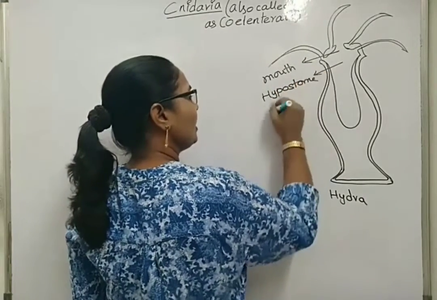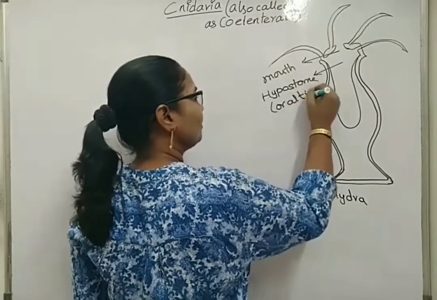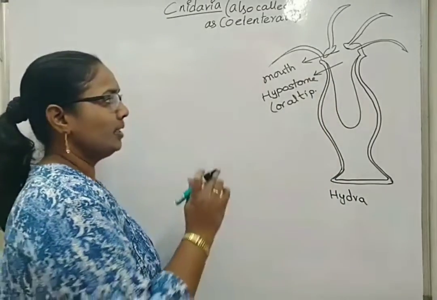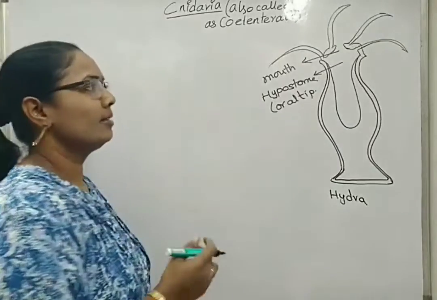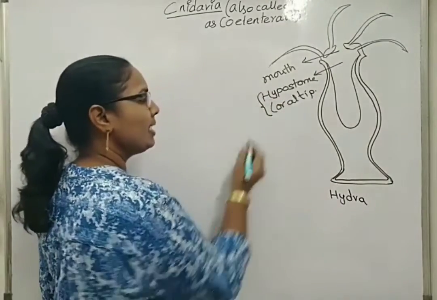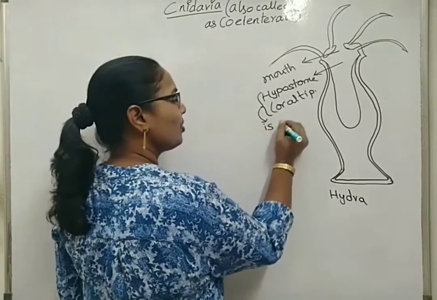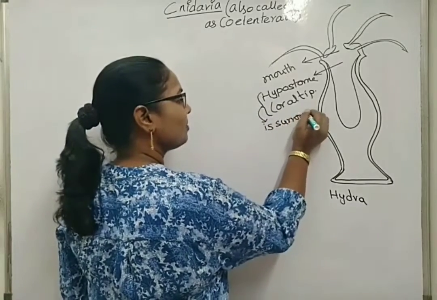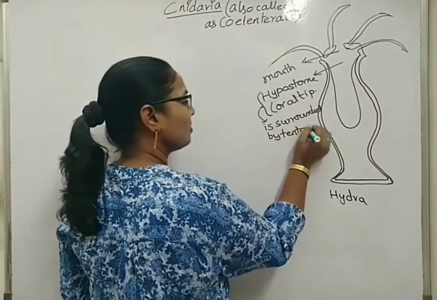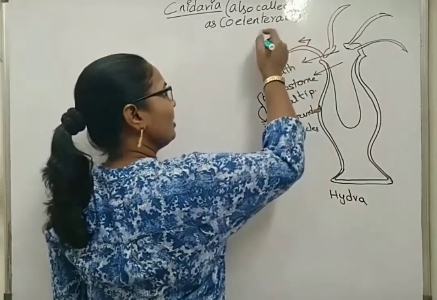This mouth is surrounded by tentacles, and simultaneously the hypostome is also surrounded by tentacles. These are labeled as tentacles.